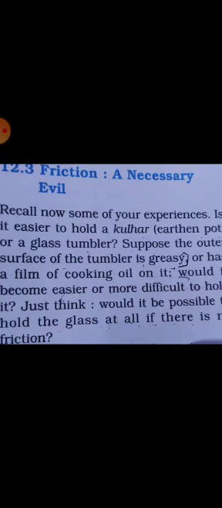Like you can increase the friction by using brake pads in the brake system of bicycles and automobiles. When you're riding a bicycle, the brake pads do not touch the wheels, but when you press the brake lever, the pads arrest the motion of the rim due to the friction. The wheels stop moving.